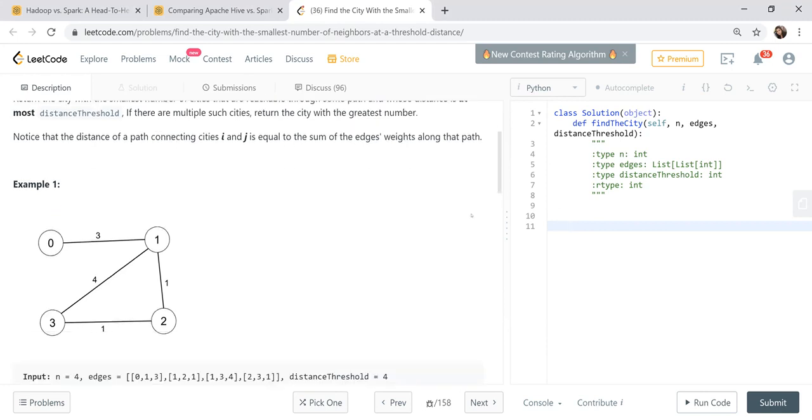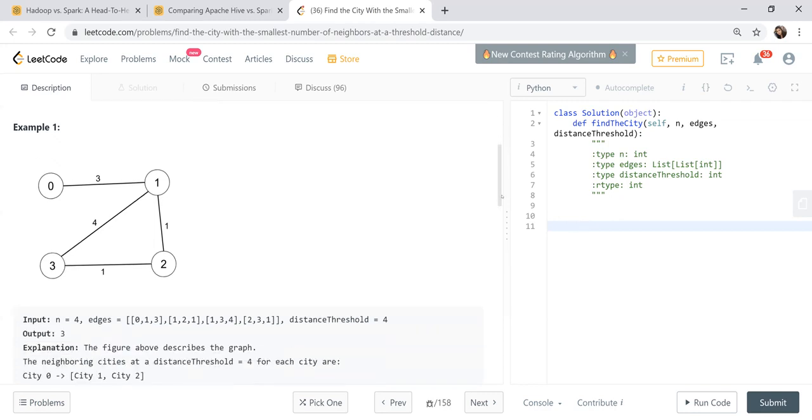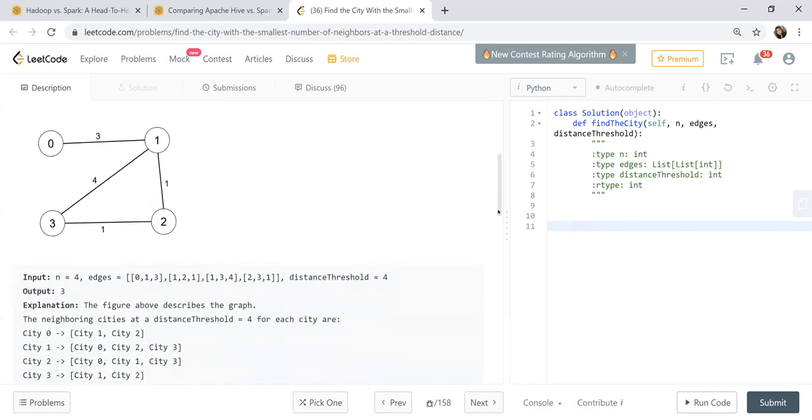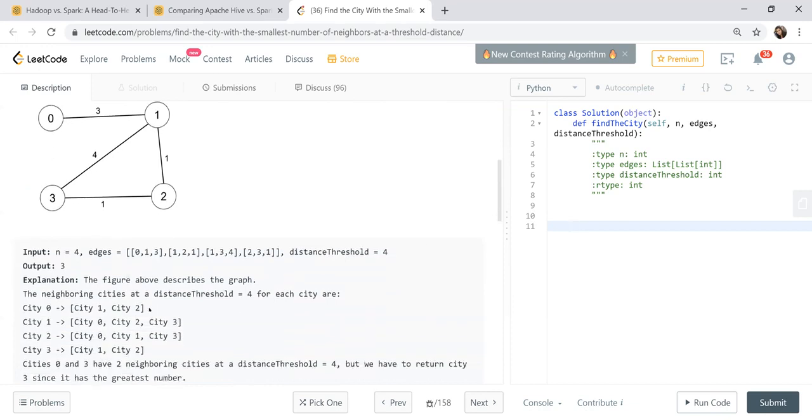So I think it could be used here also, from 0 to find the nearest cities. And Dijkstra is used for minimum also.